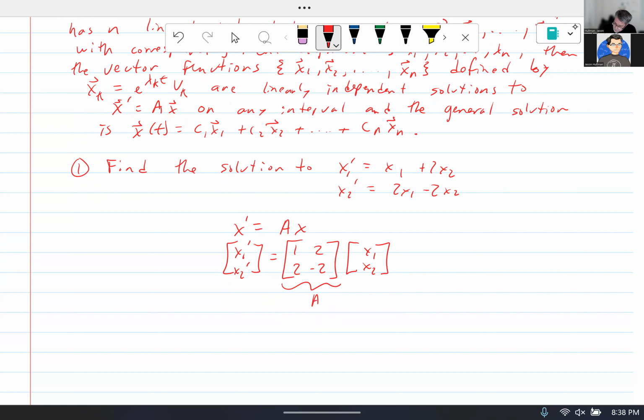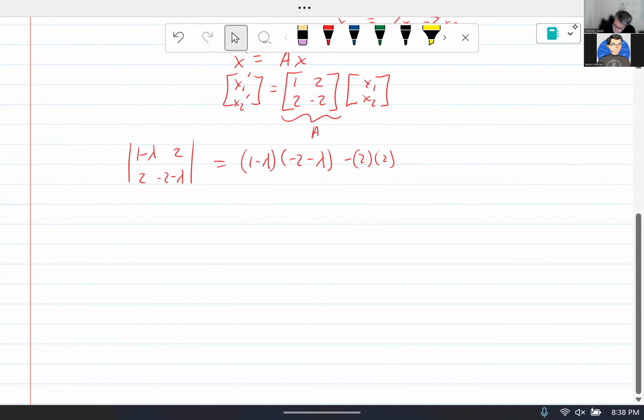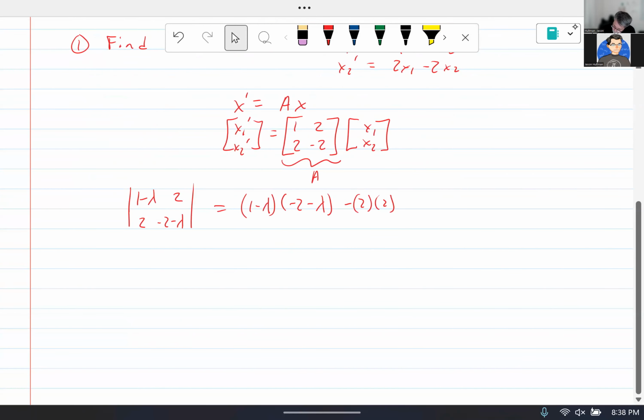Okay, so let's find the eigenvalues of this matrix here. I'm going to take the determinant of 1 minus lambda, 2, 2, and negative 2 minus lambda. That's going to be equal to 1 minus lambda times negative 2 minus lambda minus 2 times 2. This equals negative 2 minus lambda plus 2 lambda plus lambda squared minus 4.